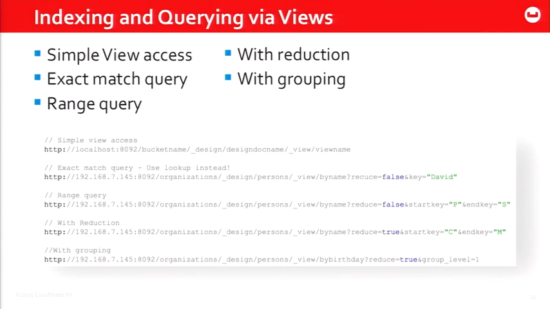It's actually quite hard to see this, right? Yeah, okay. I will anyway explain it. So you can use our view interface, our REST interface directly if you want. And this is just some examples how to do this, right? So you can have a simple view access. So just get every data which is in this view, which is in your index behind the scenes.